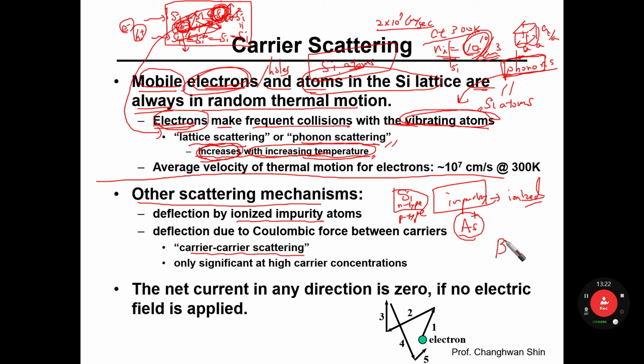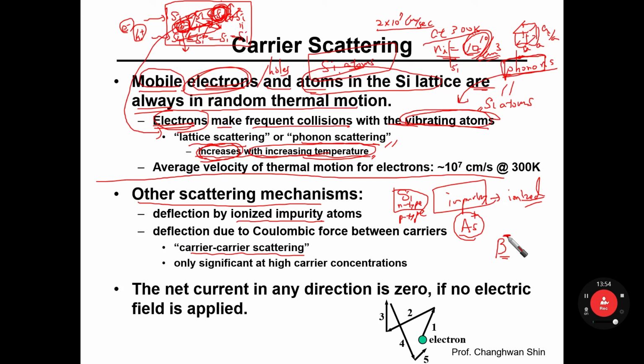And what about boron, coming from column 3 in the periodic table? The total number of outermost electrons for the boron atom is 3. So once it is combining with the 4 neighboring silicon atoms, one outermost electron is lacking, so it is ready to accept a free electron to completely build up the covalent bonds with the 4 neighboring silicon atoms.